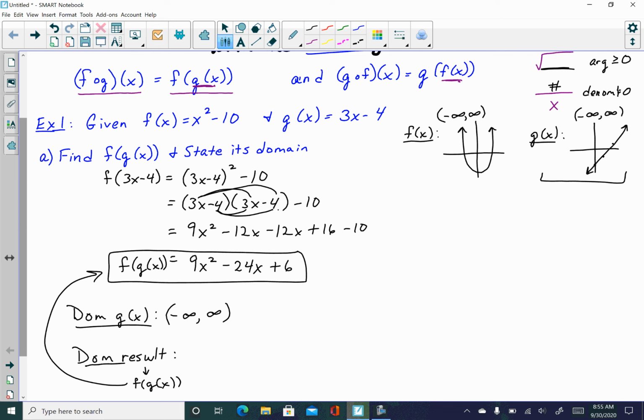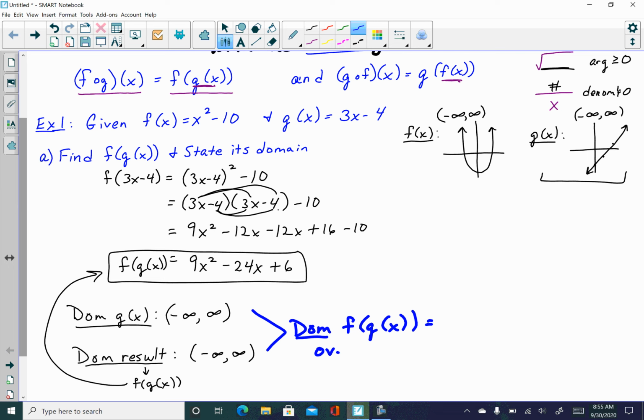So what does its domain have to be? Hopefully you agree with me: negative infinity to positive infinity. Okay. So now the overall domain of f of g of x is equal to the overlap.